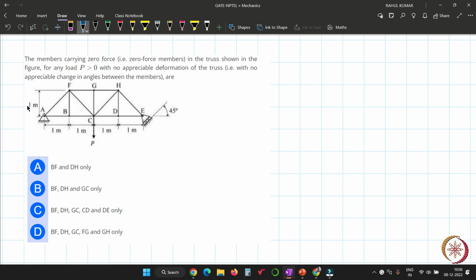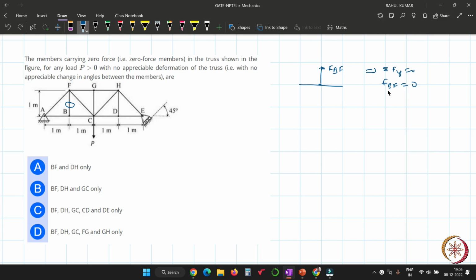The force for the member BF is definitely zero because at this joint, suppose the force in the member BF is like this. If you apply the vertical equilibrium, summation of Fy equal to 0, so FBF equals 0.